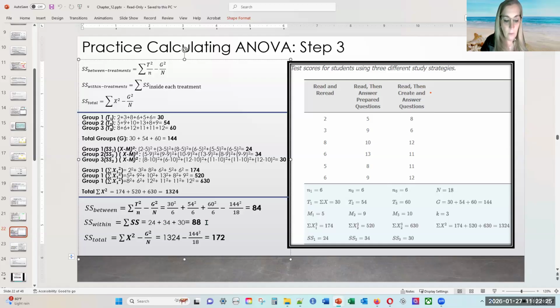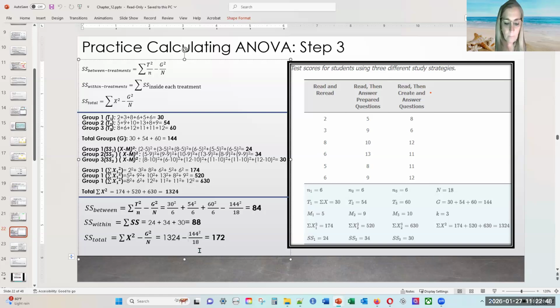And once we add those up, we have 88. All right. So for SS total, we're taking each score, squaring them and adding them up, and that happens to come to 134, and we're subtracting that grand total again, and that equals 172.